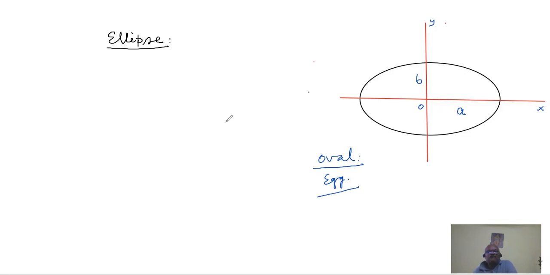Practically, you can draw an ellipse. Let us say you take your drawing table, spread a drawing sheet on it, take two pins and attach them firmly on the drawing sheet. The pins should be standing out of the drawing sheet.